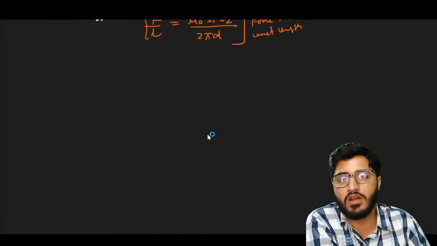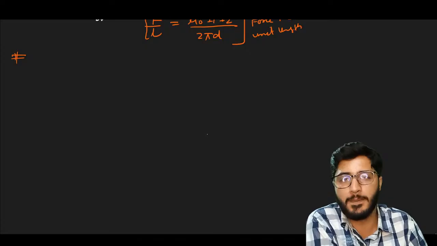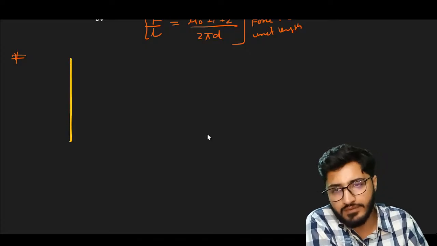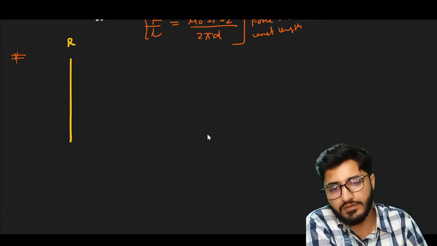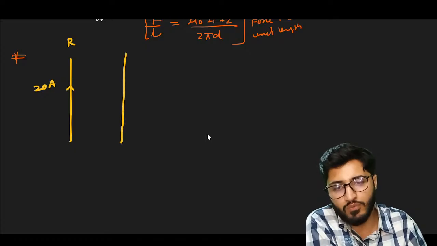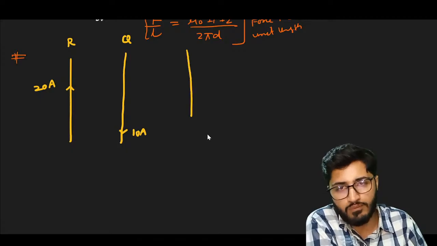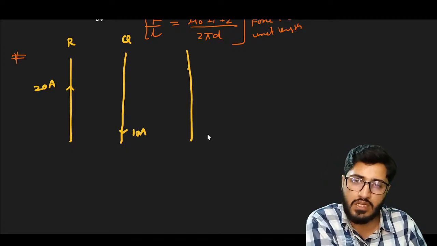Look now. We are having a wire R. Current is flowing 20 ampere. One more wire Q. Current flowing downwards 10 ampere. One more wire, this one. Current flowing 30 ampere. This is P wire.